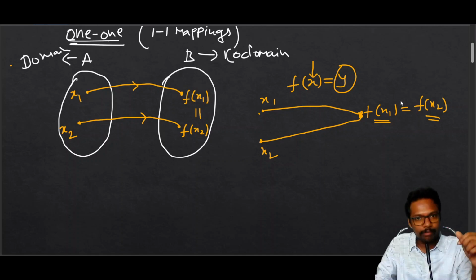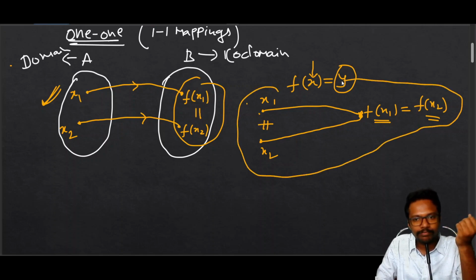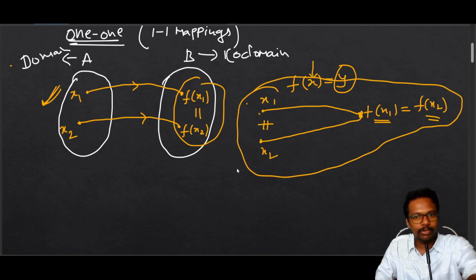Now if we made these two equal, what will the domain part be? How will x1 and x2 behave? If x1 and x2 are not equal, then we can say it is a many-one function. See here, many to one is there.